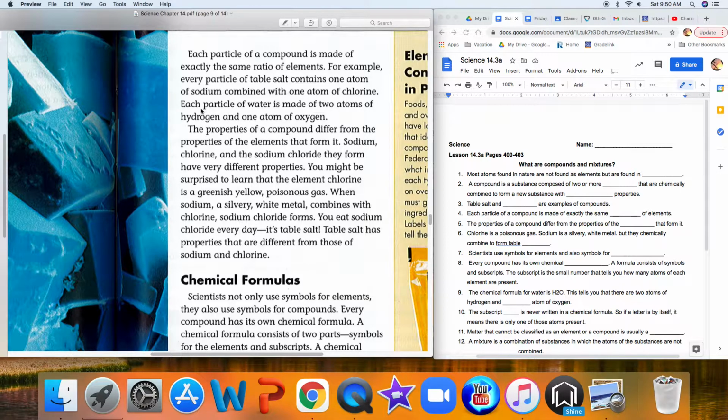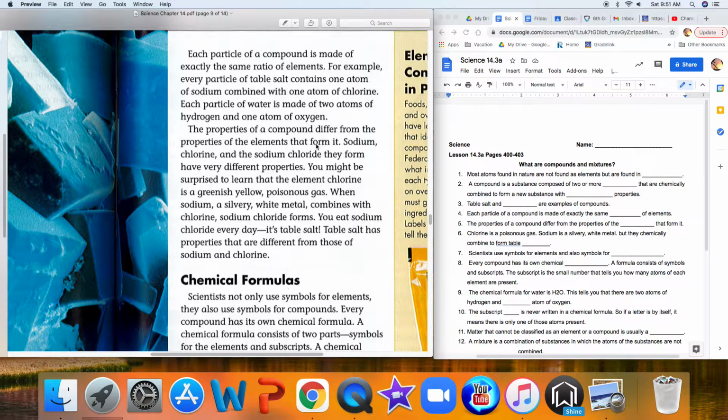It's always on a 1-to-1 ratio. Each particle of water is made of 2 atoms of hydrogen and 1 atom of oxygen. We're a little bit more familiar with that. Some of you might have heard, what's water? H2O. Okay, why H2O? Because hydrogen is H and it has 2 of them, and O is oxygen, and there's only 1 of them.